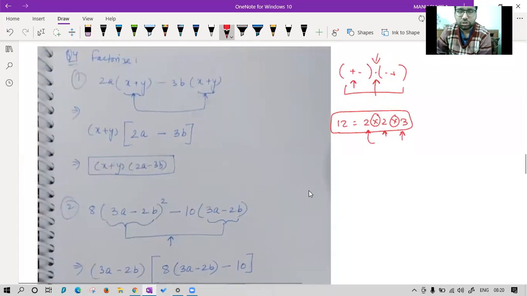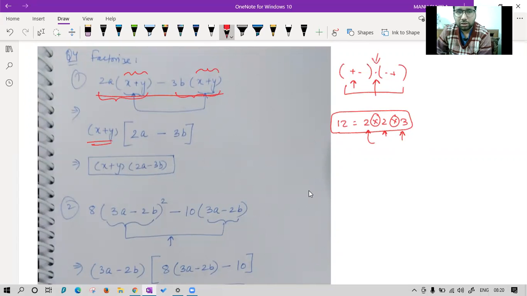So let's see the first question. Just by looking at the question, we can see that x plus y is the same in both the expressions. Class, what you see in the starting is expression 1, expression 2, and in both the expressions x plus y is the same, so we can take it common like this.